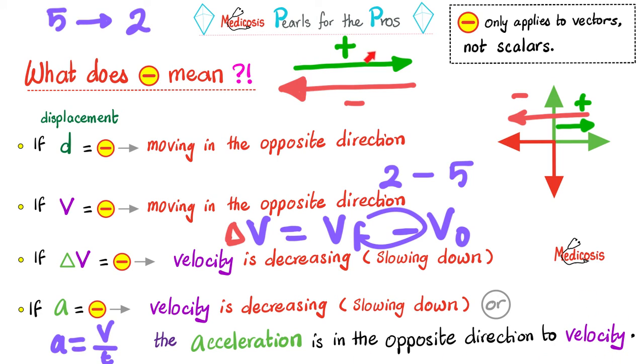For example, if I am moving east, my velocity will be positive, but I'm slowing down while moving east. Your velocity will be positive, but your acceleration will be negative. When velocity is positive and acceleration is negative, it means that you're slowing down. So this is the meaning of negative signs. Don't forget, they only apply to vectors, not scalars, because scalars do not have a direction.